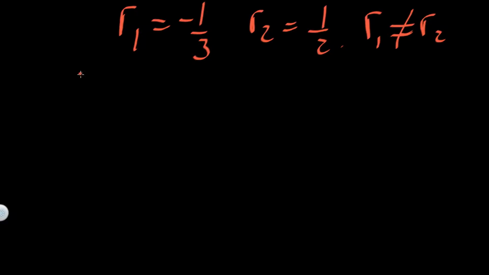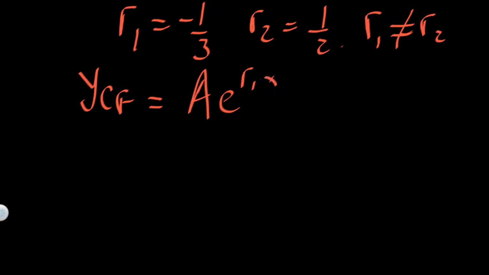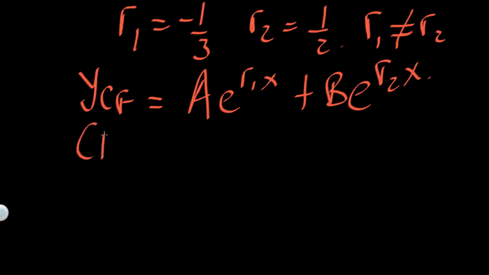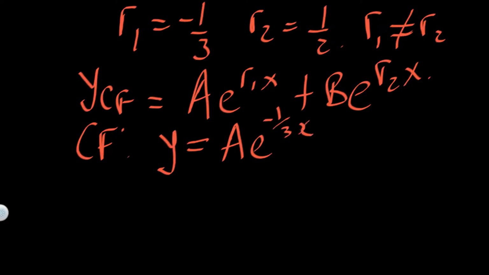This means our y_CF, our complementary function, should be in the form a e to the power r1 x plus b e to the power r2 x. So our complementary function is y equals a e to the power -1/3 x plus b e to the power 1/2 x.